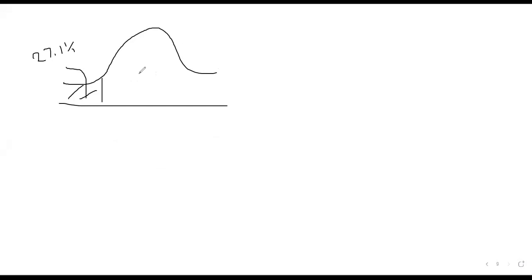That 27.1 should be 72.9. We confirm. 100 minus 27.1, 72.9, which is 0.7290.